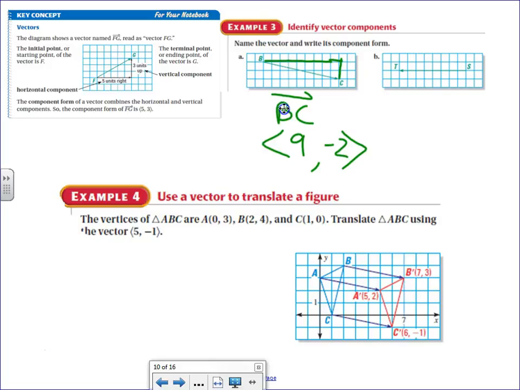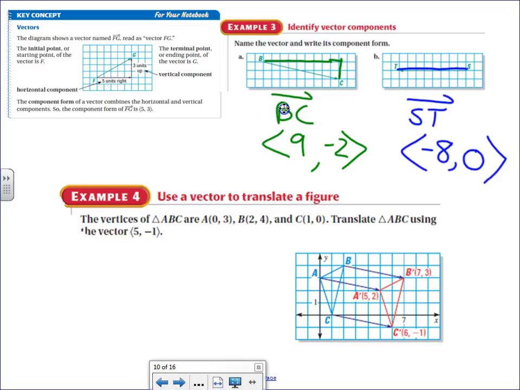And the next vector, since we start at S, is vector ST, similar to how we write a ray. And its component form, we go left 1, 2, 3, 4, 5, 6, 7, 8 units, so negative 8. And we don't go up or down, so it's <-8, 0>.